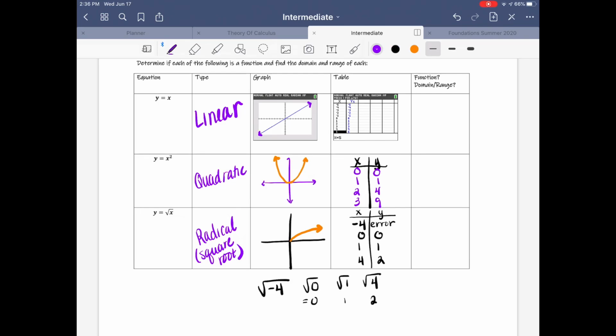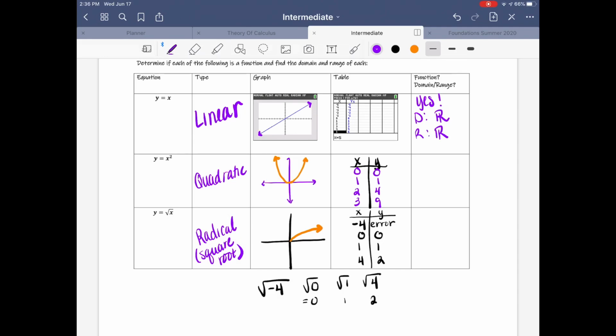We're determining if the relation is a function, and then we're talking about the domain and range. So we can use our vertical line test to determine if something is a function. Your linear functions will always be a function, and the domain will always be all real numbers, and the range will also be all real numbers.